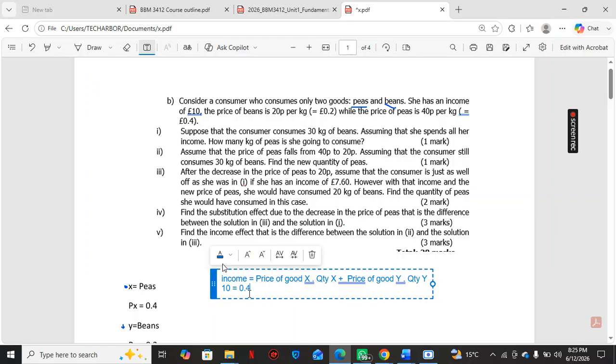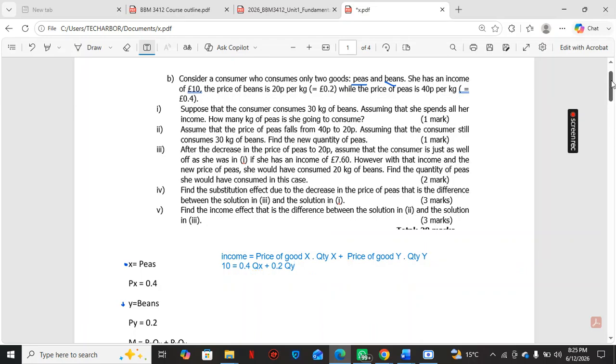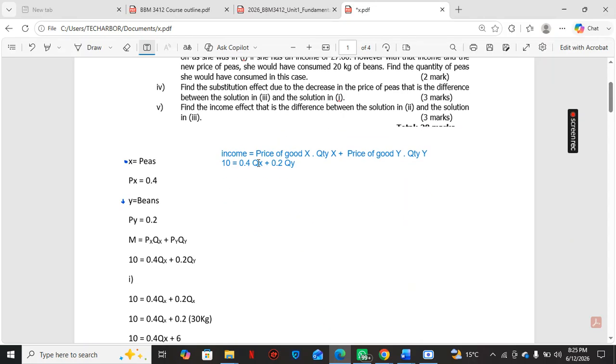So I'm going to put 0.4 pounds, that's the price, multiplied by the quantity of peas, QX, plus the price of beans, which is 0.2 pounds, multiplied by the quantity of beans, QY. So this is our budget constraint equation.